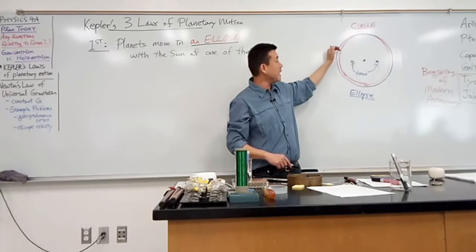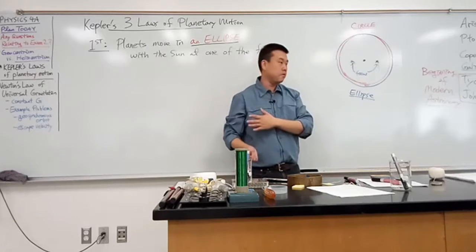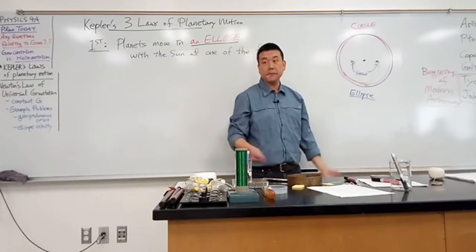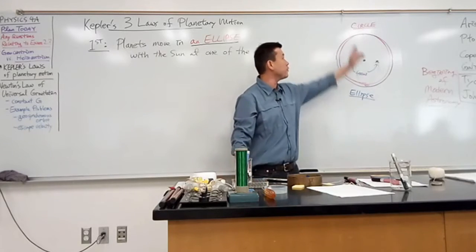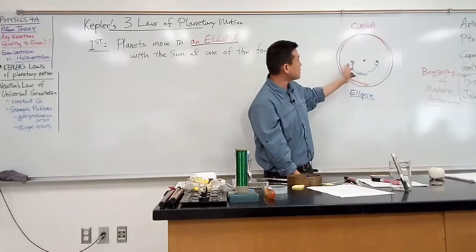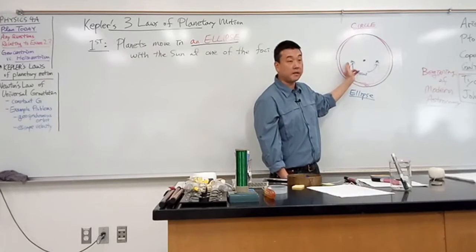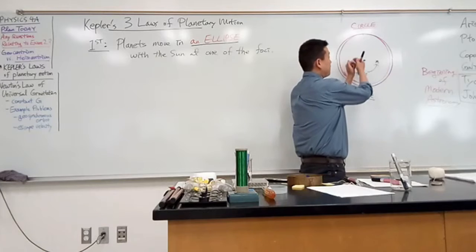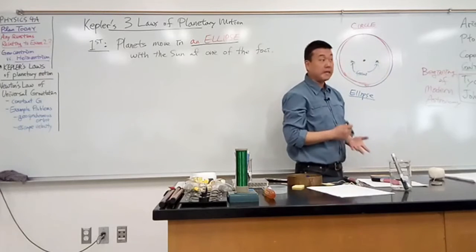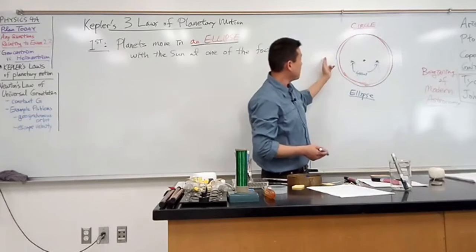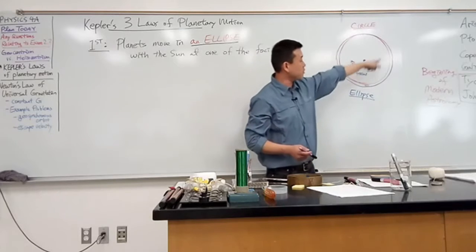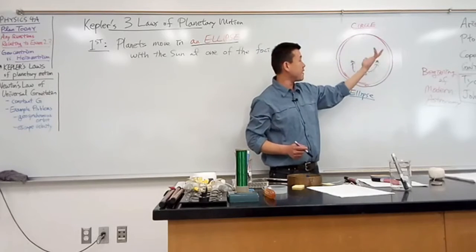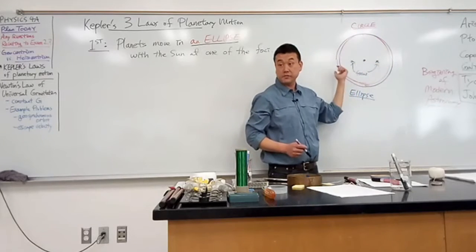Yeah. So this is why for thousands of years, people never thought to look beyond the circle. Because this is actually a fairly elliptical ellipse, as in the foci are pretty far apart. But even then, if you didn't have another circle inside it, you might not have guessed that this is not a circle.